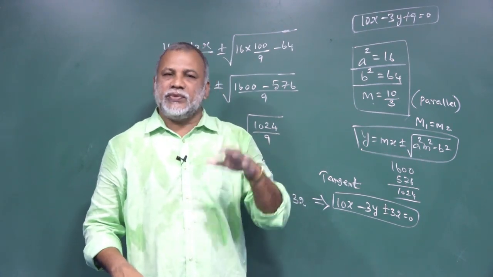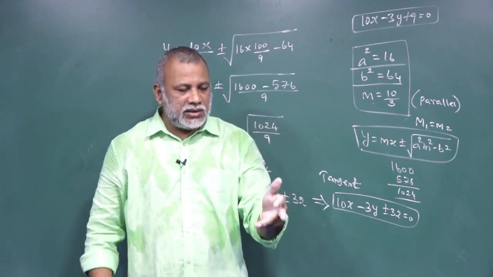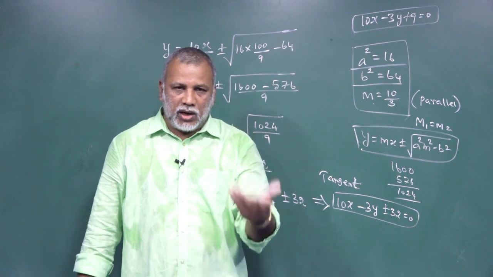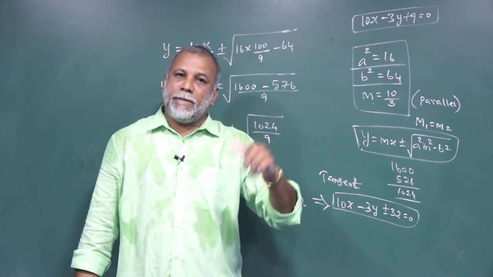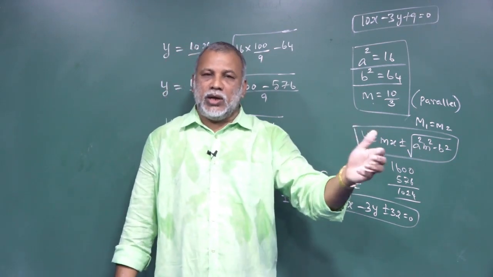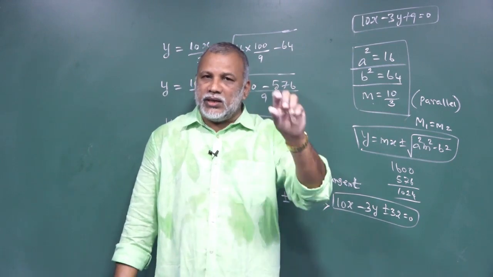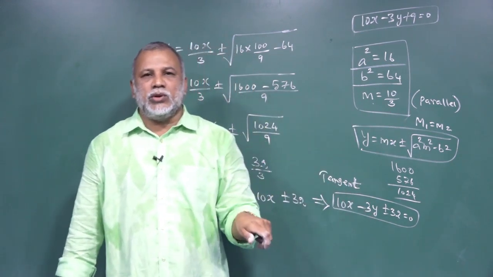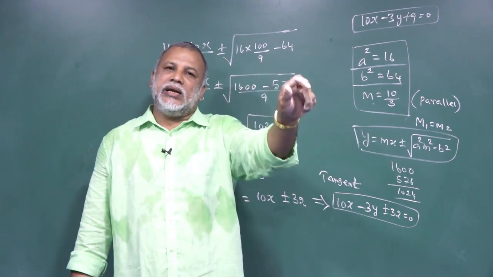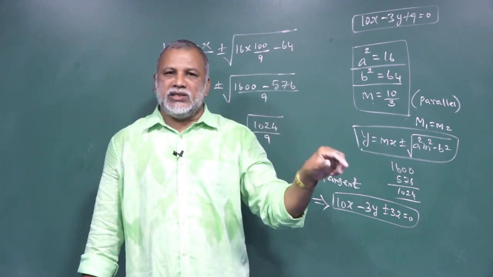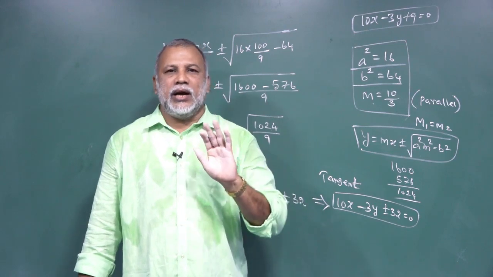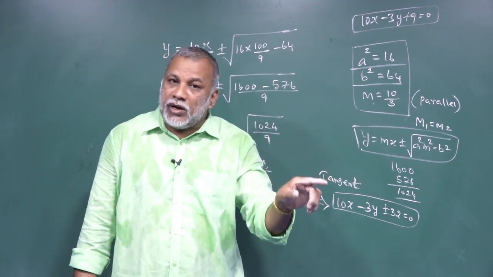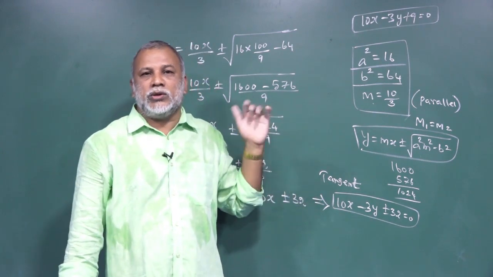We already worked out chord, then tangent, chord again becomes a tangent. After that normal. Then from that, the parametric equation of the parabola, ellipse, hyperbola. Then at t we are able to work out the tangent, at t we are able to work out the normal. Again at theta we are able to work out the tangent for ellipse and hyperbola. All these theoretical concepts we derived. With the help of the theoretical concepts only we are able to work out the problem.